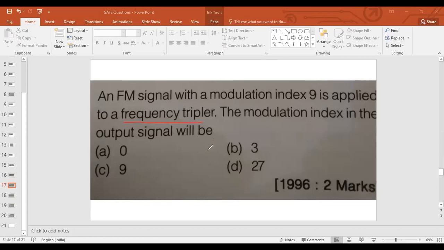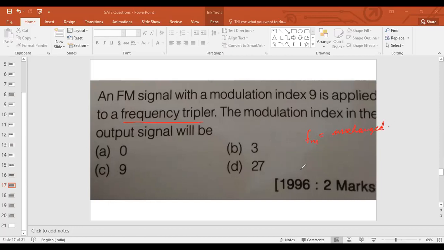In the case of narrowband FM and wideband FM, we have seen that for generating wideband FM from narrowband FM, multipliers or square law devices are used. In that case, all of the things get multiplied except fm, the modulating frequency, which is unchanged.